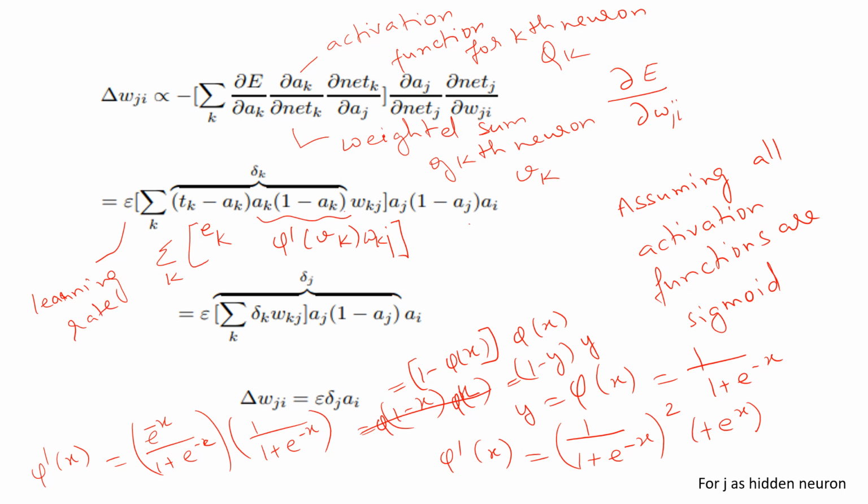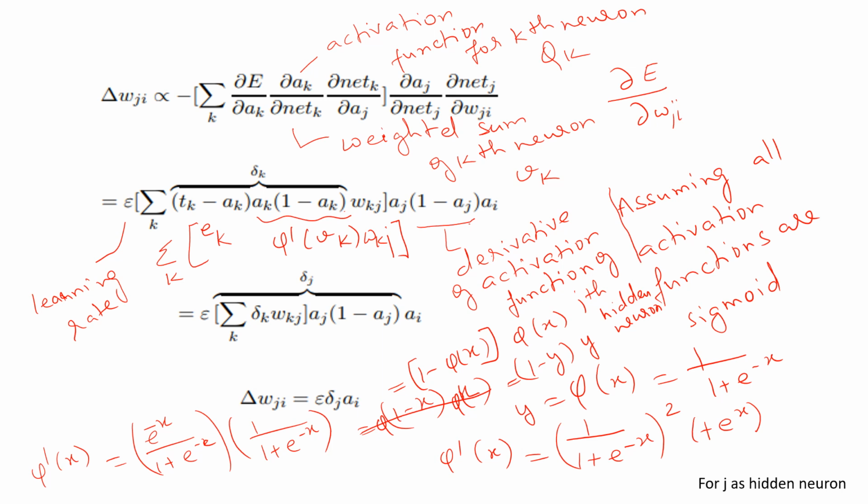And here again, this is output into 1 minus output. This is for the derivative of the activation function of the jth hidden neuron.